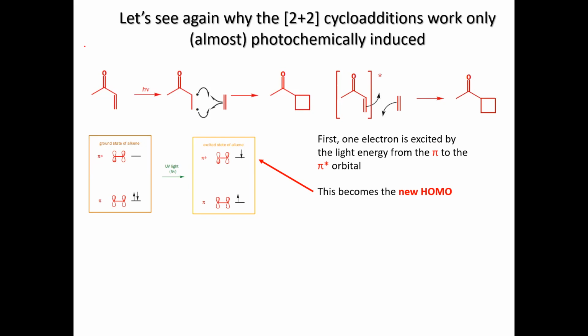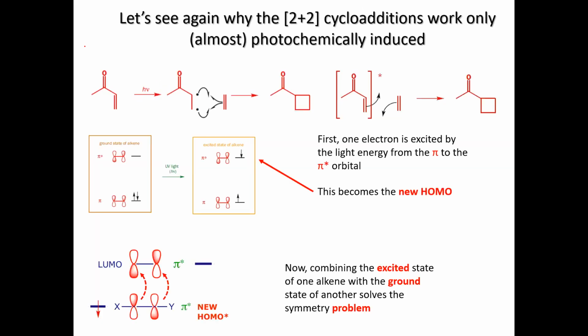So that part wasn't useless. In this case, you actually use it a lot for new chemistry. The most important thing is that if you have now one of the alkenes in the ground state and the other one photoexcited, you suddenly have 3 electrons which can do bonding and only 1 electron which is anti-bonding.